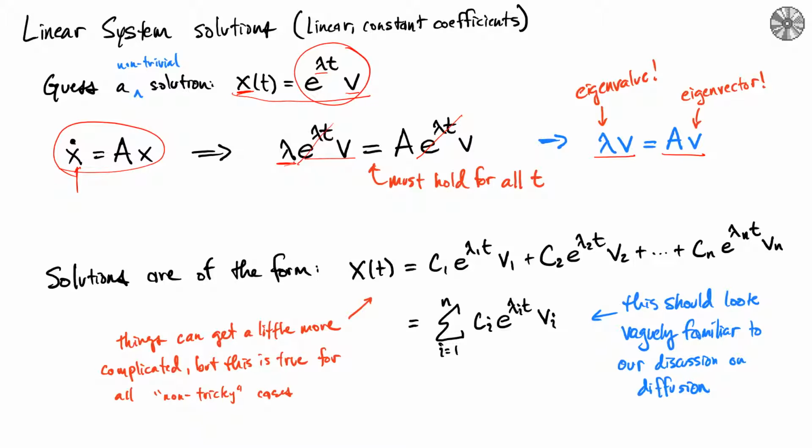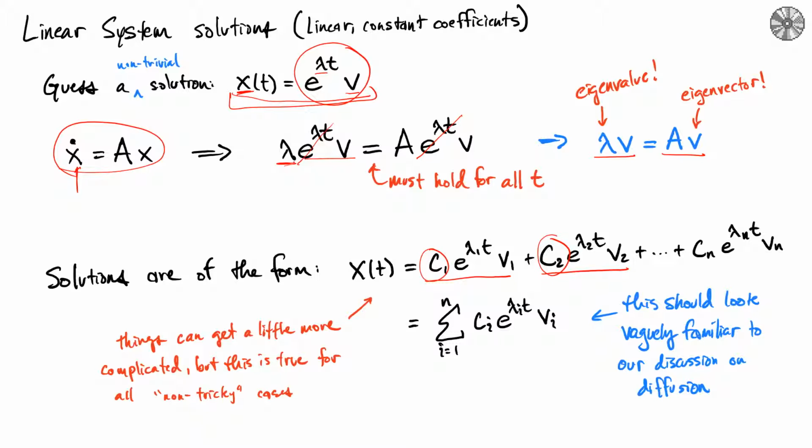Now this could be one of the eigenvalue eigenvector pairs, but it actually will hold for all of them. And so our solution is not just one of them, but in general, it's going to be a sum of all of the different combinations, essentially linear combinations, because we've got these different coefficients out front.